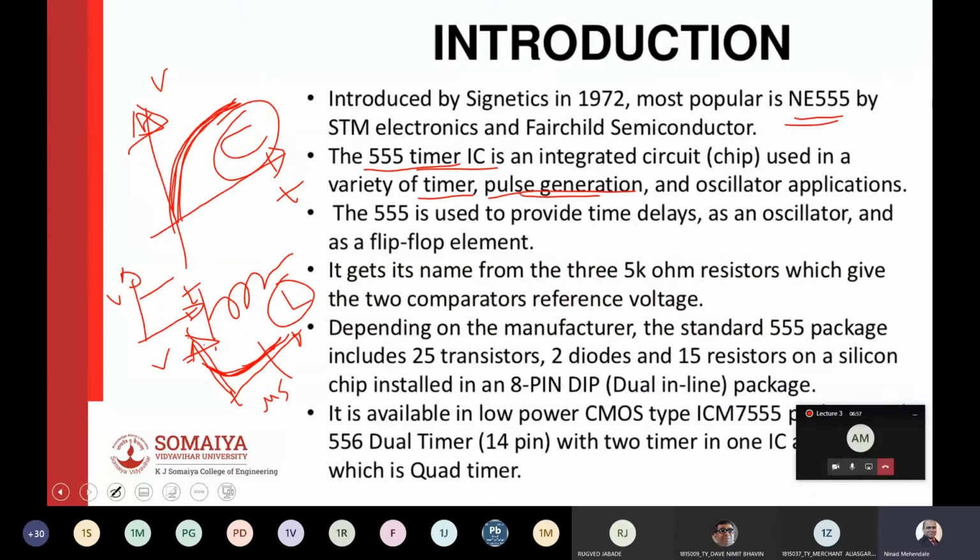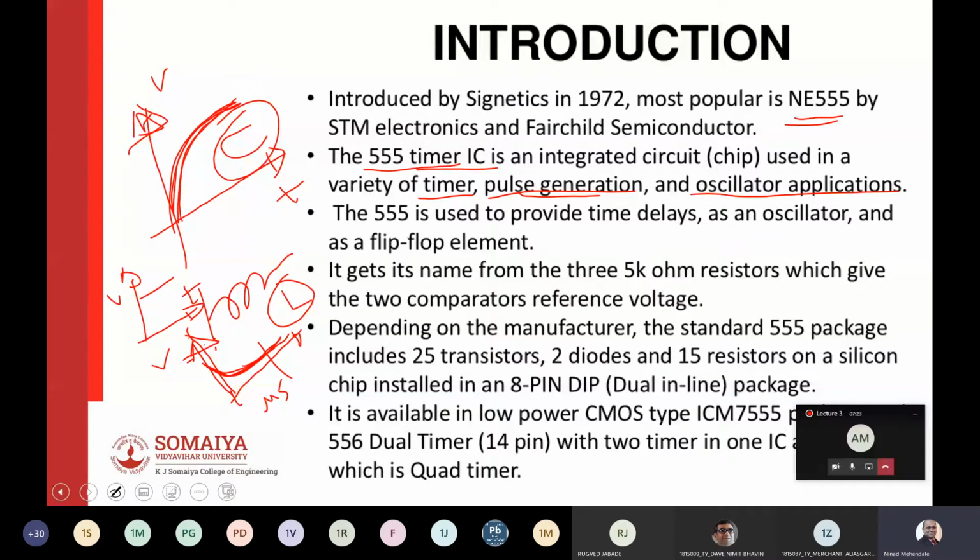Now pulse generation का example, you might know a stepper motor runs on pulses. So you can use IC 555 to rotate a stepper motor, or there are many applications where pulses can be used. For example, your LED flashing or your disco lights, and everywhere where a pulse is needed, we can generate it using IC 555.